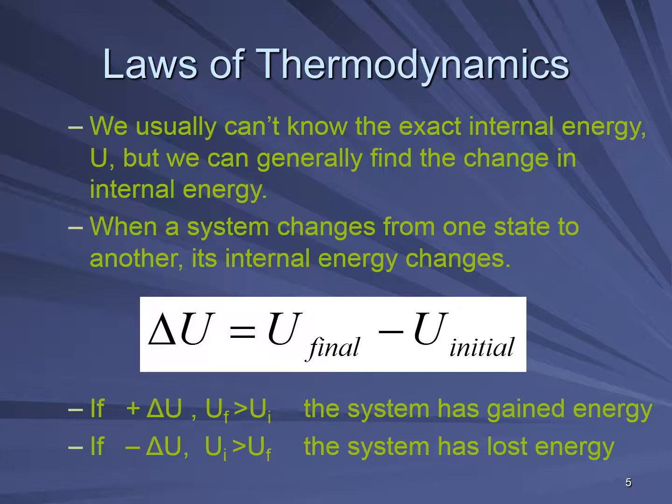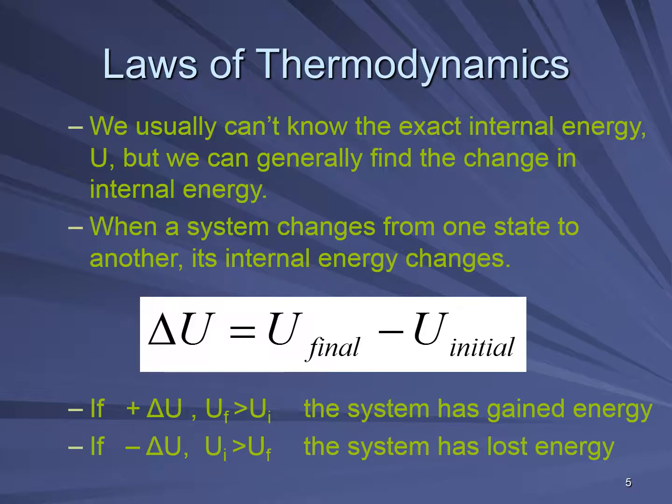If it's a positive delta U, that means that the final is higher than the initial, which means you've gained energy. So you're putting energy in. And if delta U is negative, the system has lost energy. That means that your initial energy is higher than your final energy. And heat energy is one type of energy.